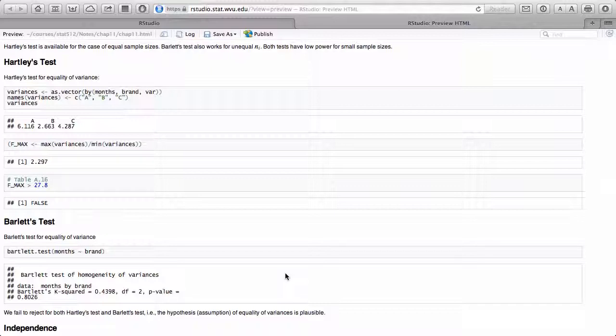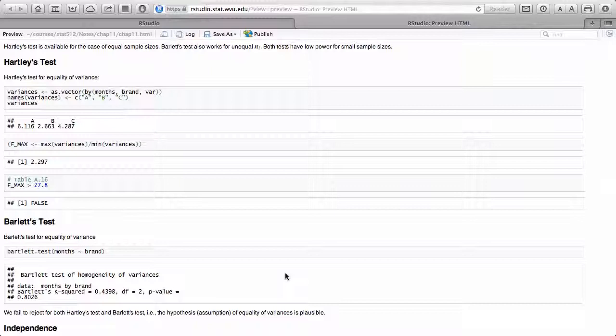Now, you can also do a test which I didn't show you. You can actually do a formal test of normality, like the Kolmogorov-Smirnov test, for example. So there are various tests you can do for normality. Now, the problem with the tests for normality, and Bartlett's test for equality of variance, is they don't have a lot of power unless you have large sample sizes. Therefore, the graphical methods perhaps give you more guidance than these formal tests. You're going to get a false sense of security. You're going to say, oh, I failed to reject. Well, the reason you may fail to reject is you don't have much power.